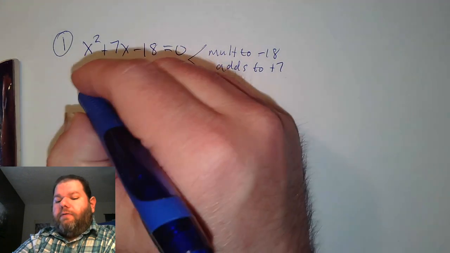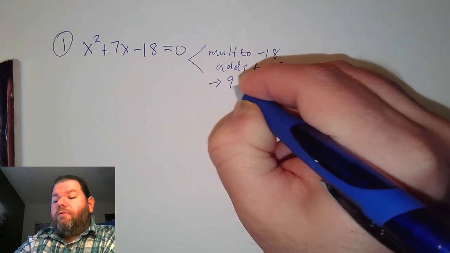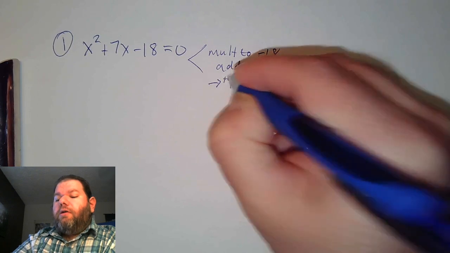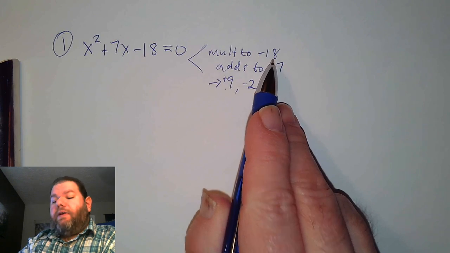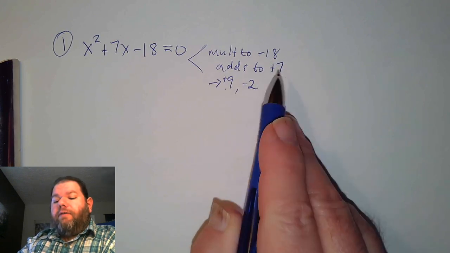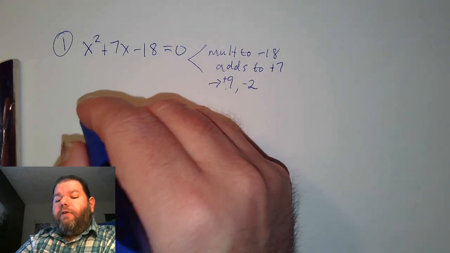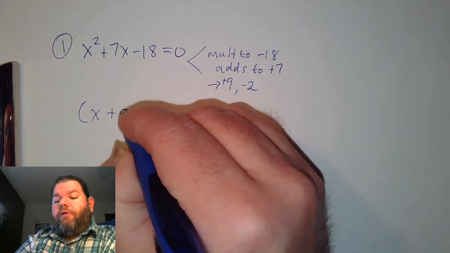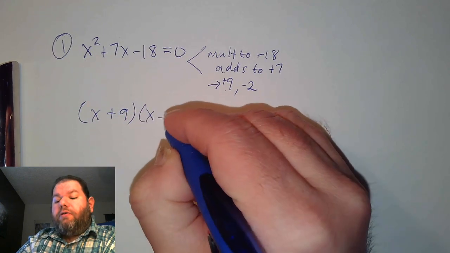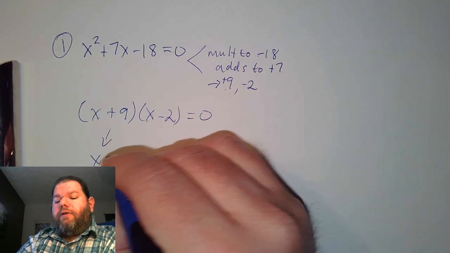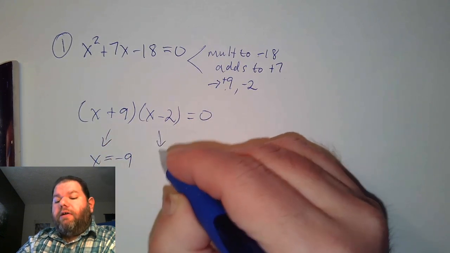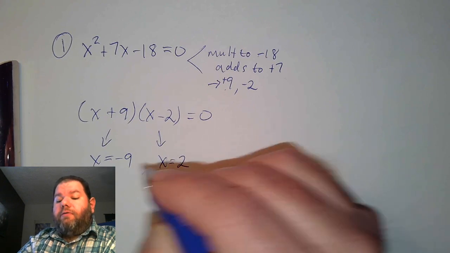Nine and minus 2. Yeah. 9 times negative 2 is negative 18, and 9 plus negative 2 is 7. So we can set up our factorization. And then our two answers are x equals -9 and x equals 2.